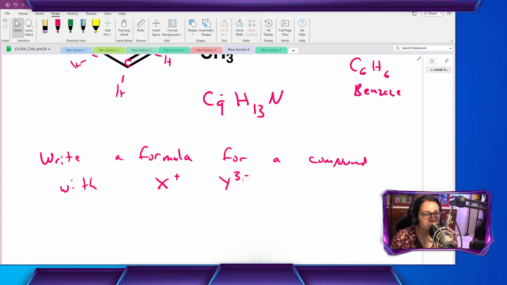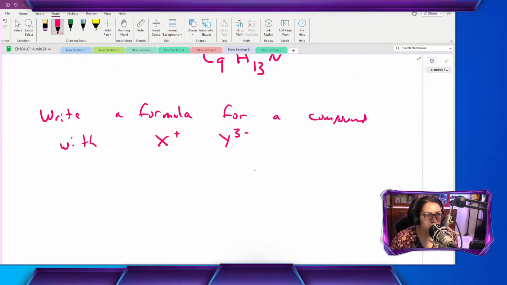Does that sound familiar? And so this, right, we just have to treat like our regular formula writing problems.